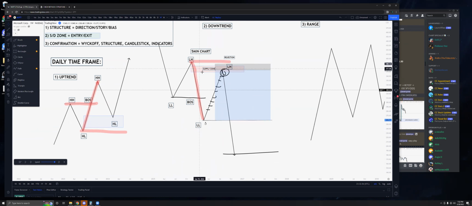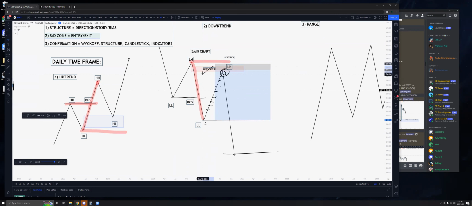Since this supply zone has already been used, we don't use this supply zone no more. This cancels out. Why does that supply zone cancel out? Because it's already been mitigated.